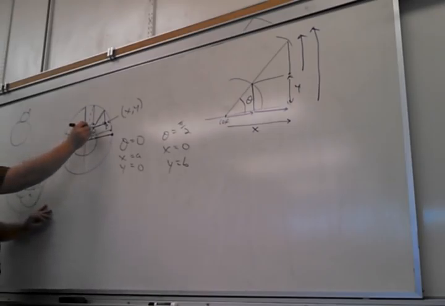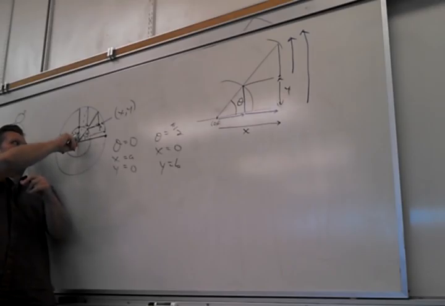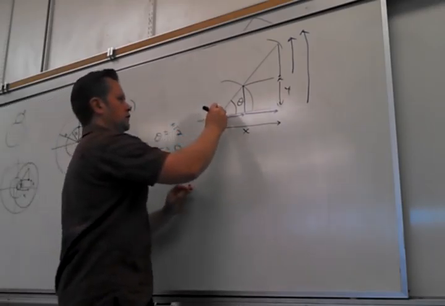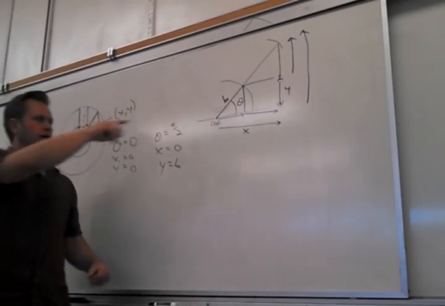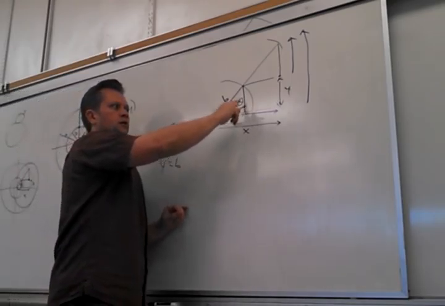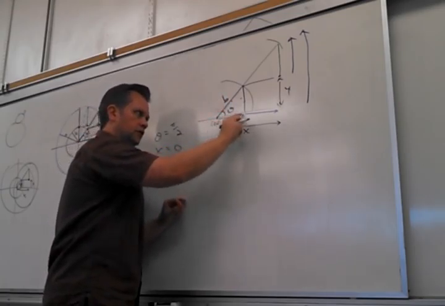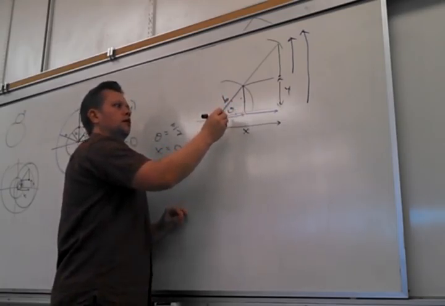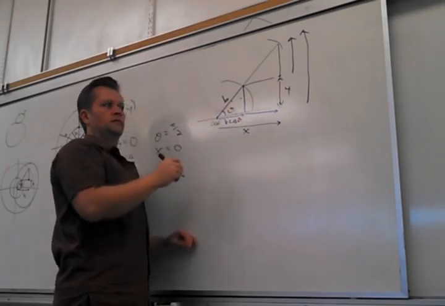What's the hypotenuse? A minus B. B. The hypotenuse of this triangle is B. So then what's the x piece? We put theta a little smaller down here. What's the x piece of this triangle? Cosine. B cosine theta.